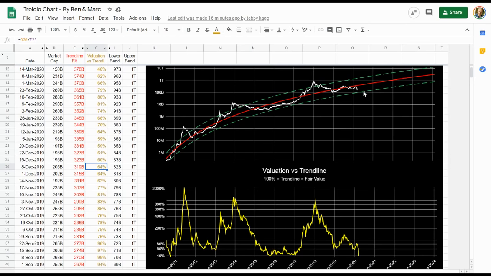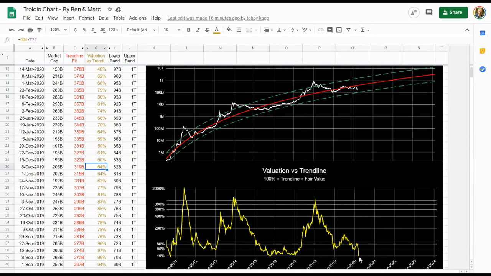So maybe we will go up to that green line, first going sideways towards it, then moving up slowly, and after that taking off from it into a new bull market. That's a probable scenario, but I think that at current valuations this is a screaming buy, and that's of course very important. Why?